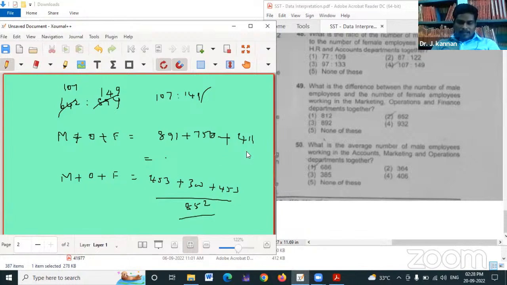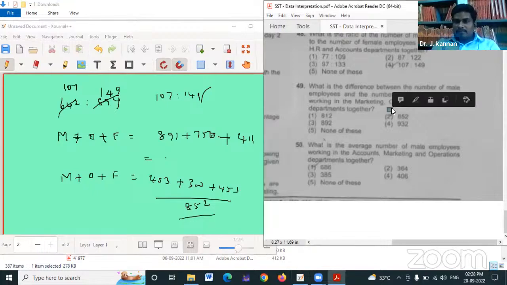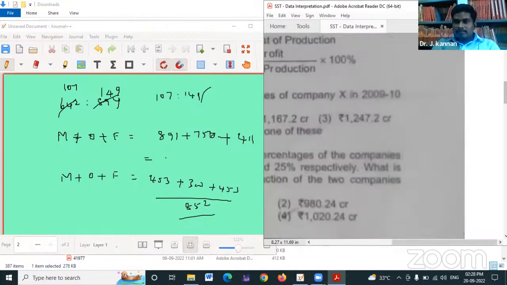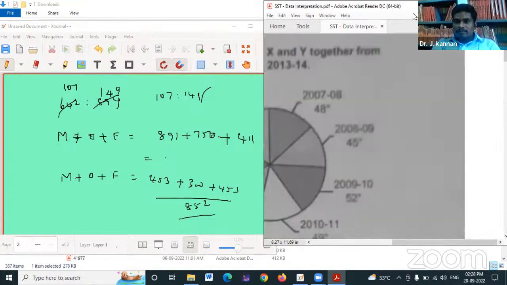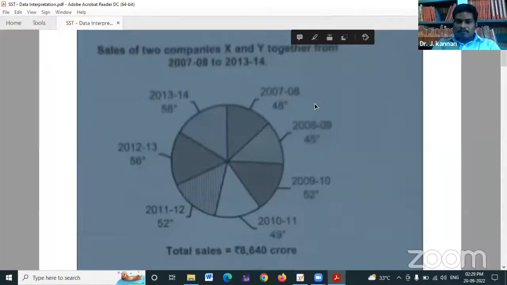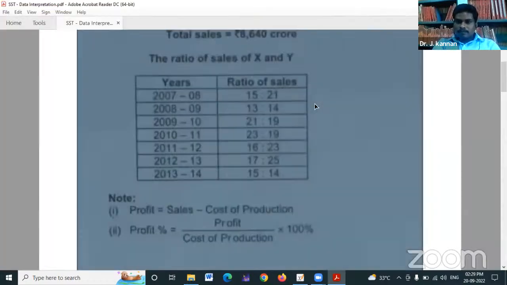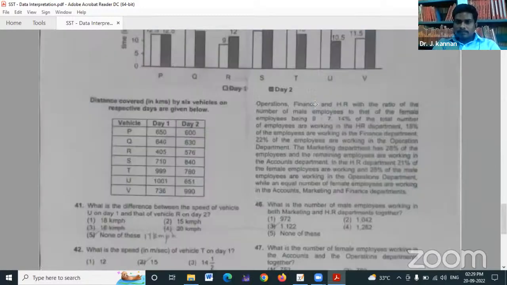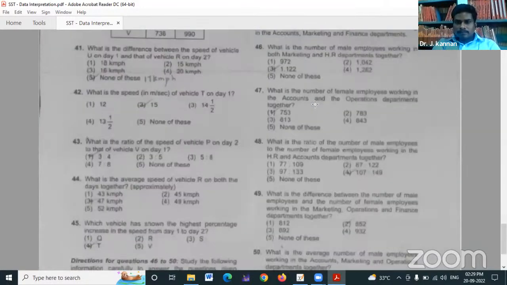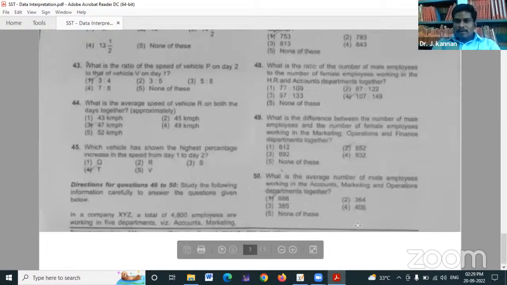So the next, the last column: what is the average number of male employees working in the accounts, marketing and operations departments together?